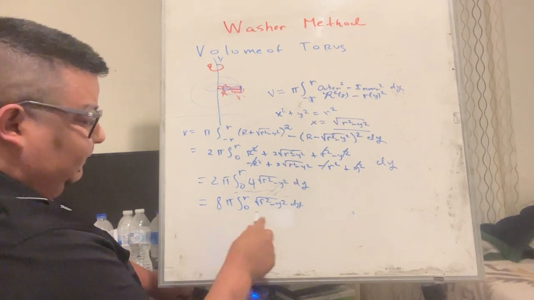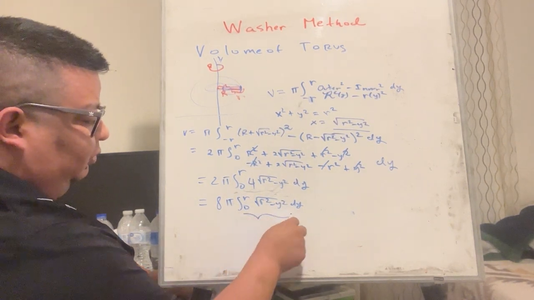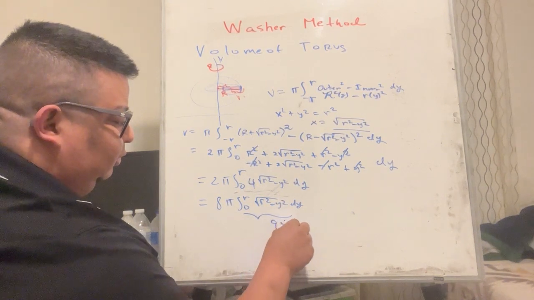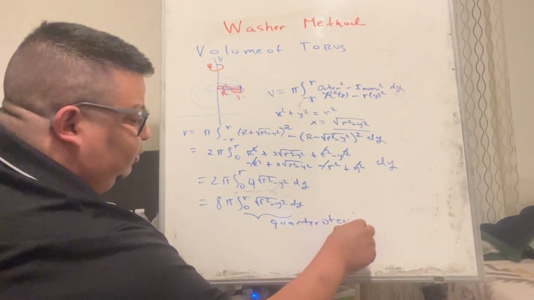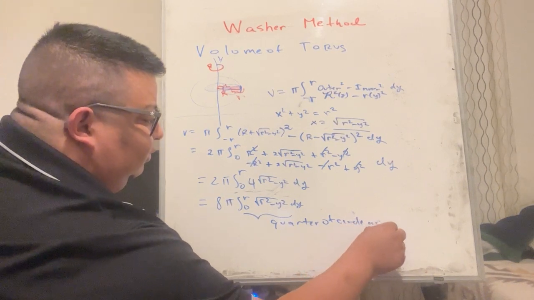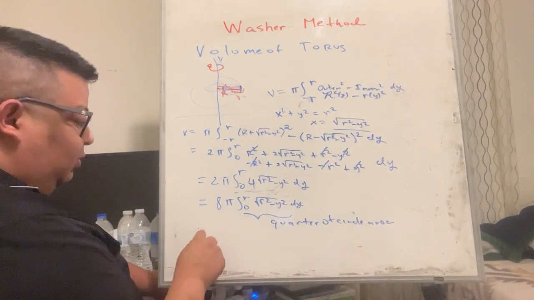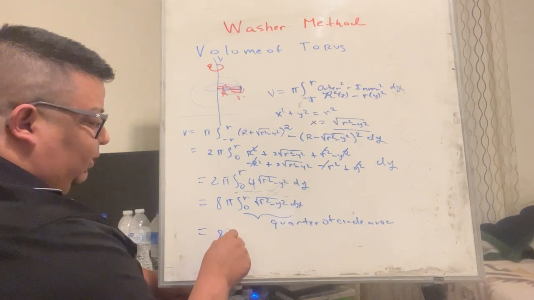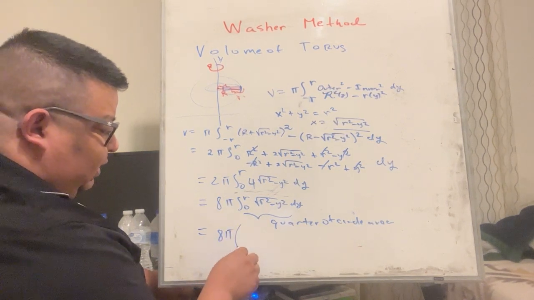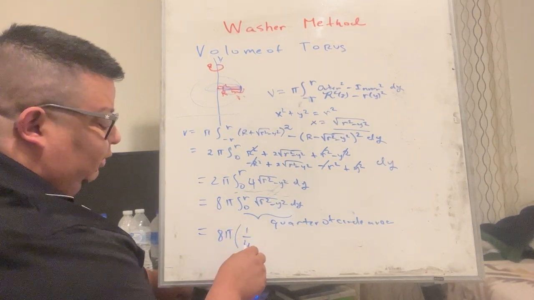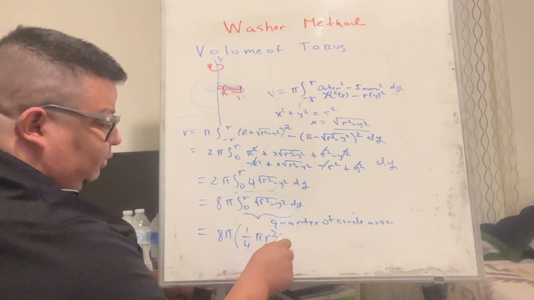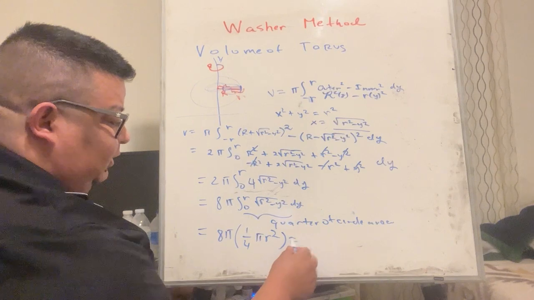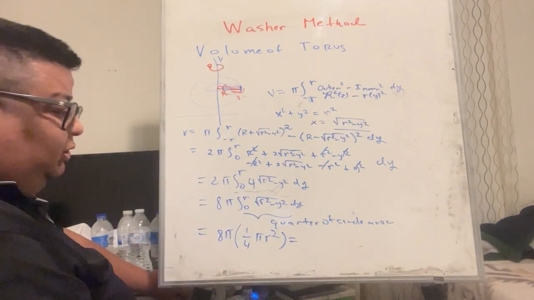Now, because this is a quarter of a circle, quarter of circle area, I'm going to do 8 pi R times 1/4 pi r squared, and that gives me the volume.